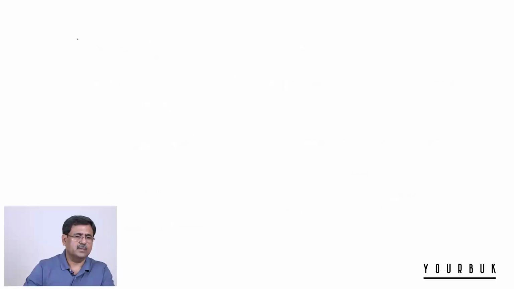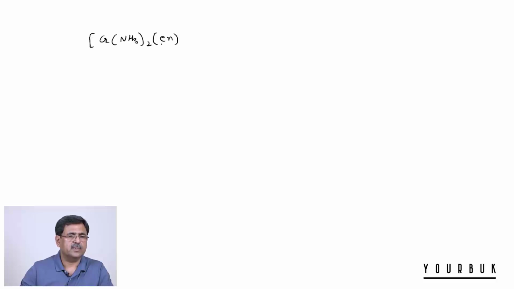We take one more example. Now suppose you are given this. It is [Cr(NH3)2(en)2]Cl3. Now how do you name this complex? So this complex is named as diammine, with a double m.